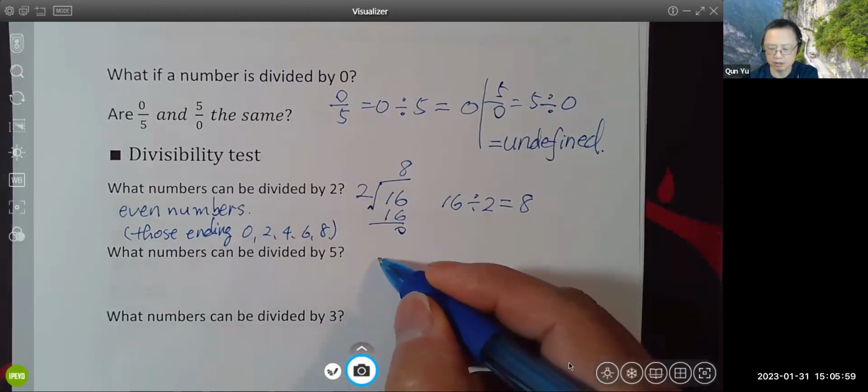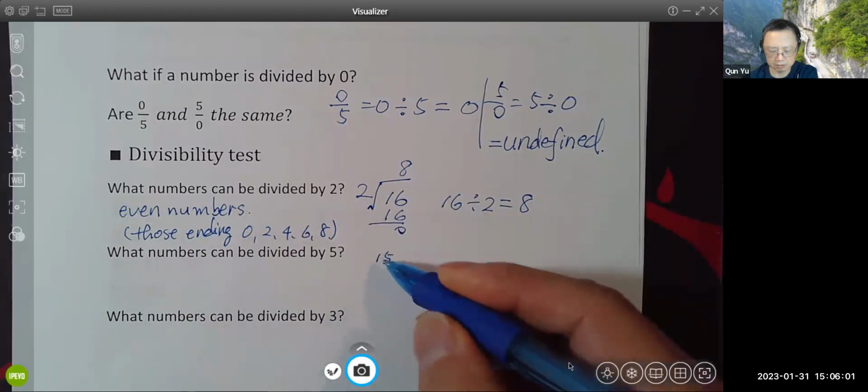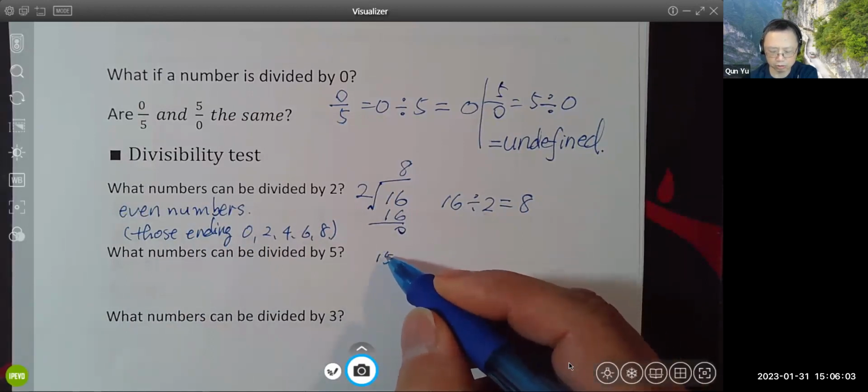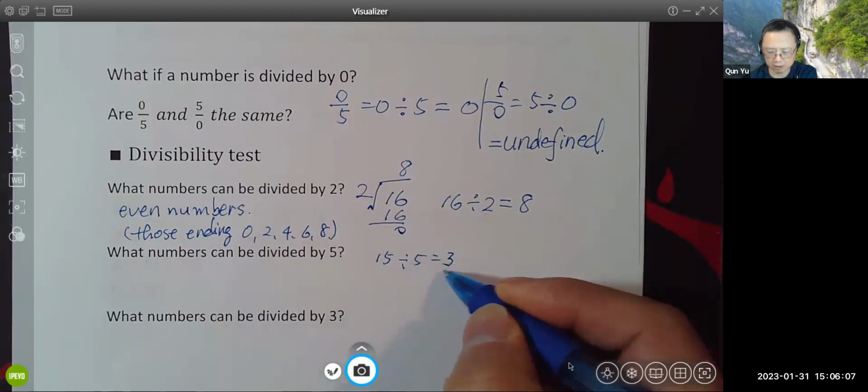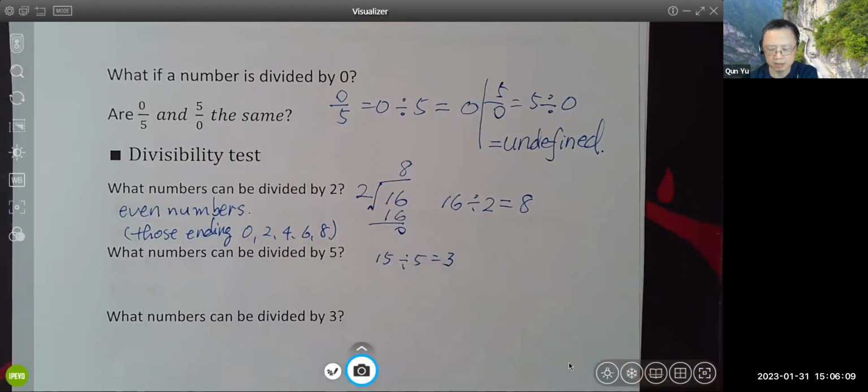For example, 15 is a multiple of 5 because there are 3 fives in 15. Certainly it can be divided by 5. The result is the multiple itself. But just saying multiples of 5 can be divided by 5 is not easy for people to remember or to understand, because you have to have a way to identify those numbers easily.